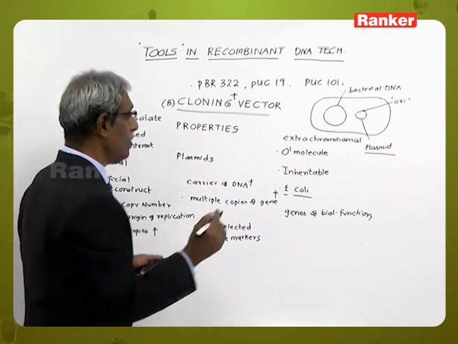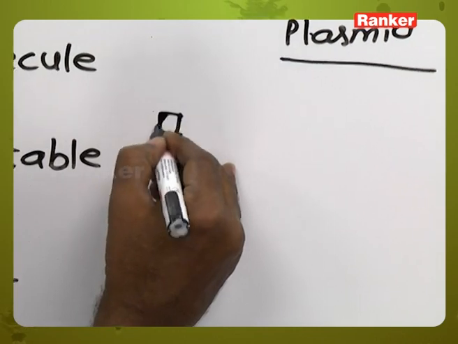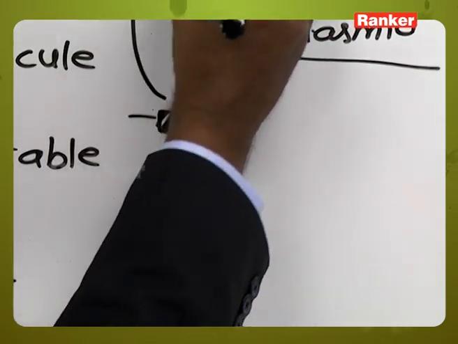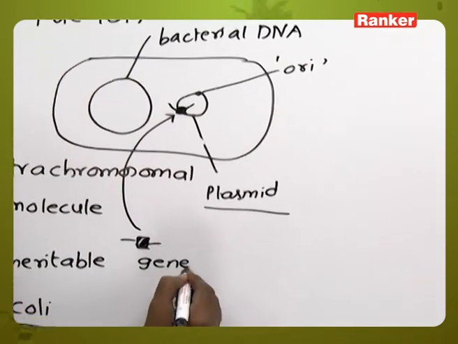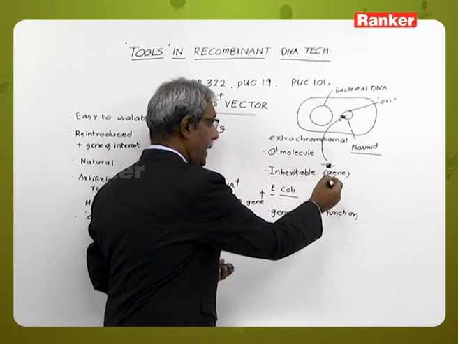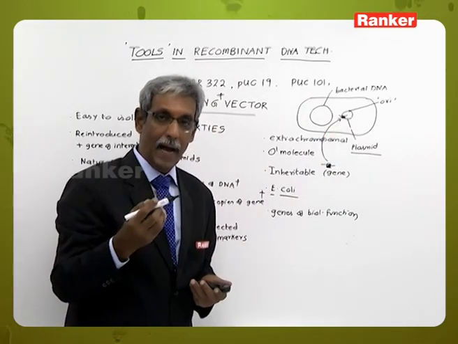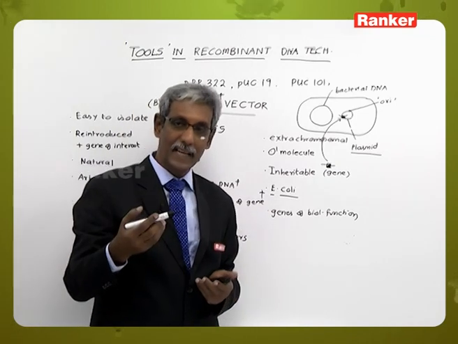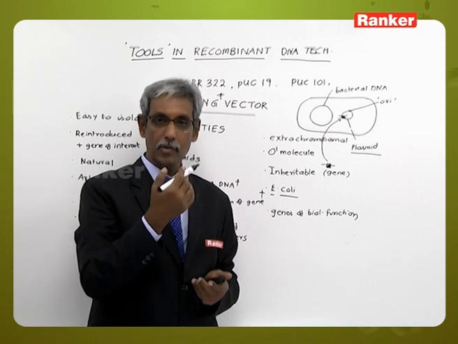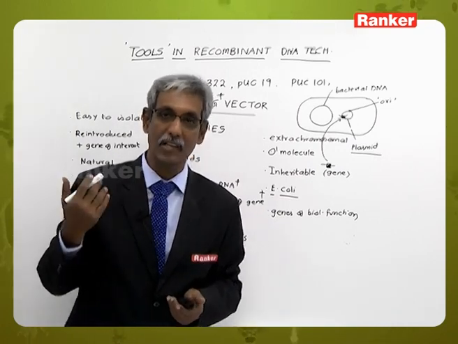If you have a gene of interest, like a gene of interest for flowering, it can be loaded into the plasmid, and the plasmid keeps on replicating along with the bacteria, and thereby your gene will also be moving along with the plasmid, just like a mother piggybacking a child.